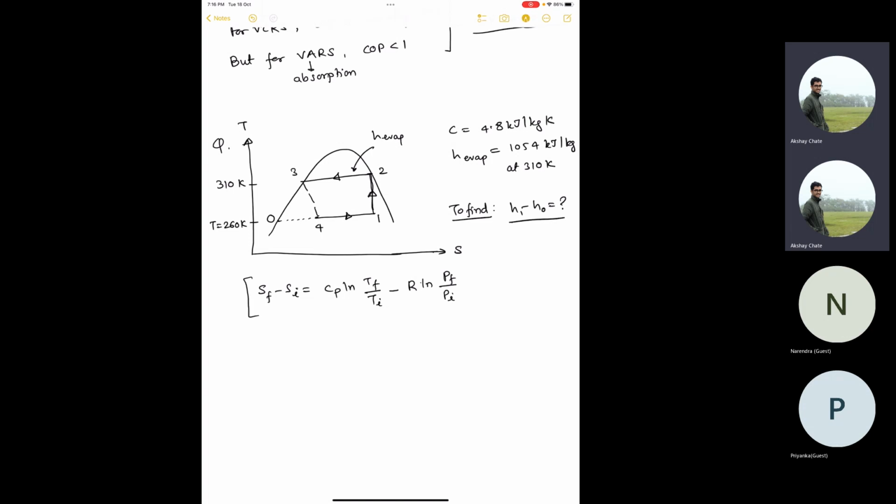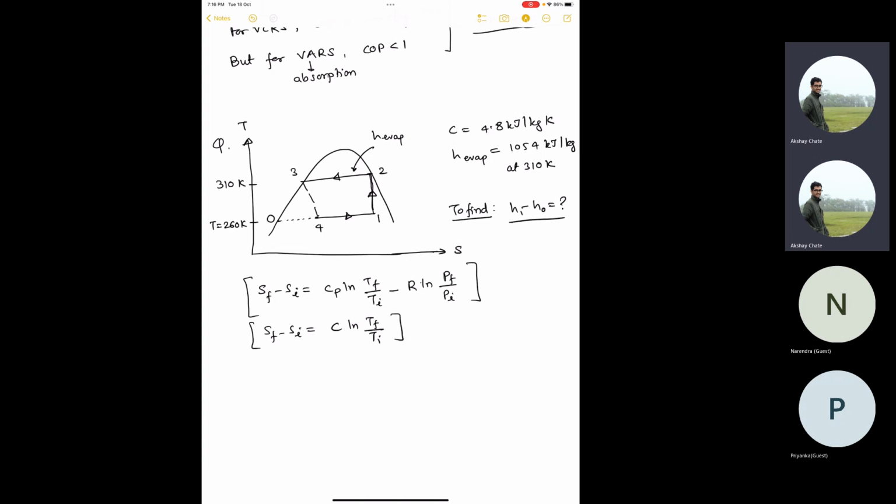This we learnt in the second law of thermodynamics discussion. This is for an ideal gas. But if it is a solid or liquid, it just becomes S final minus S initial equals C ln T final by T initial.